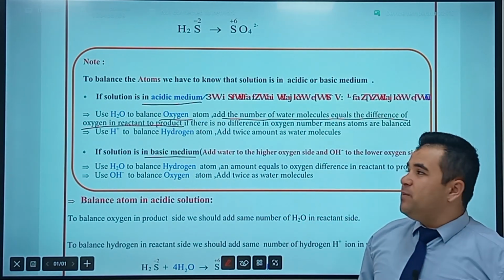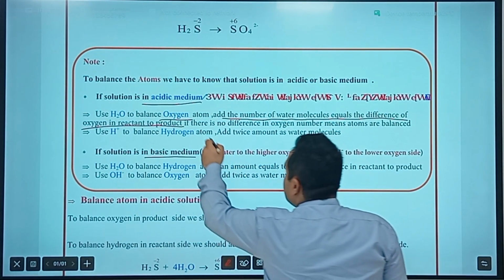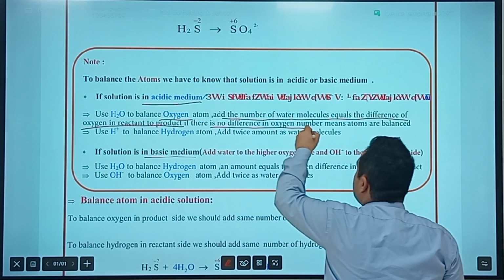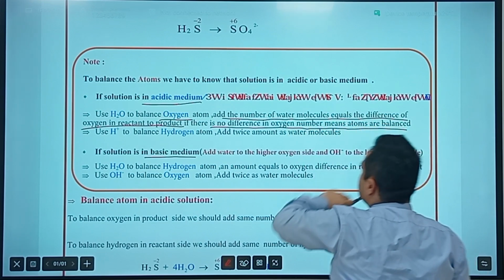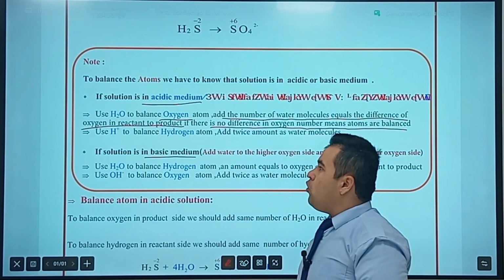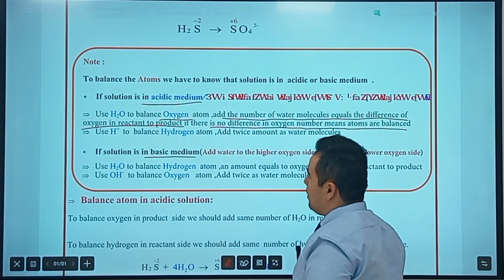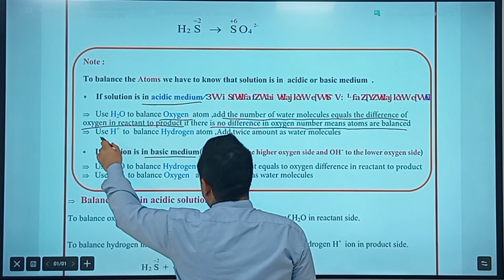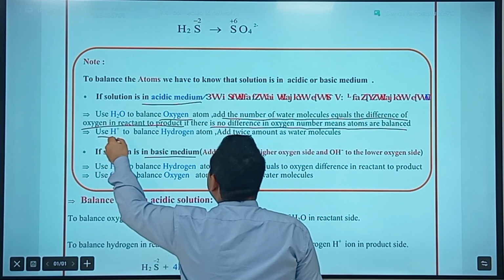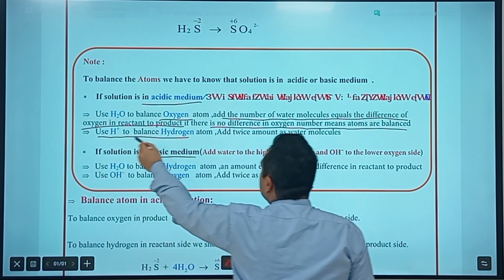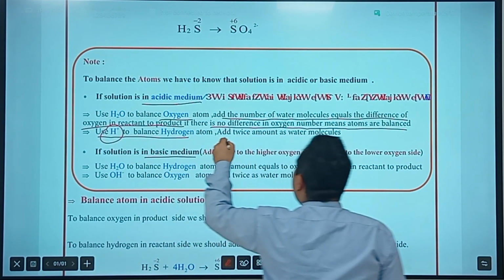To which side must H2O be added? If there is no difference in oxygen number, the atoms are balanced. For balancing the hydrogen, what should be added? Proton.